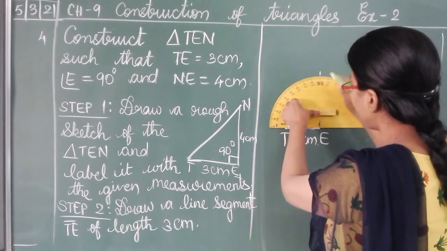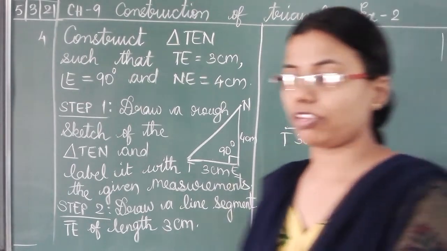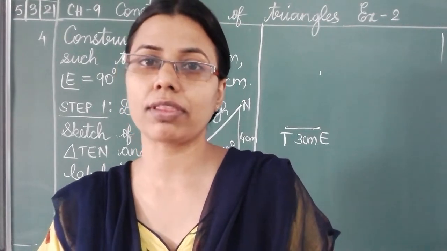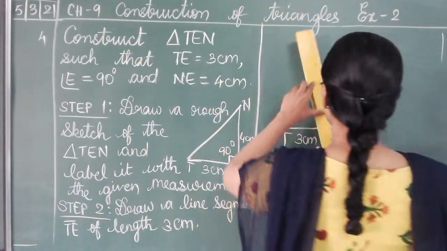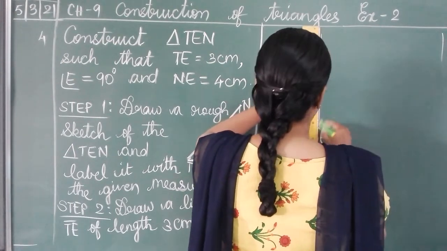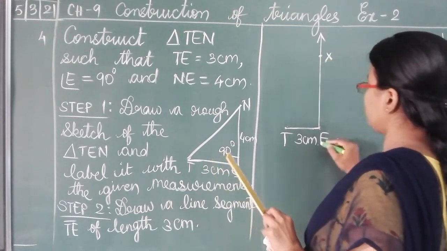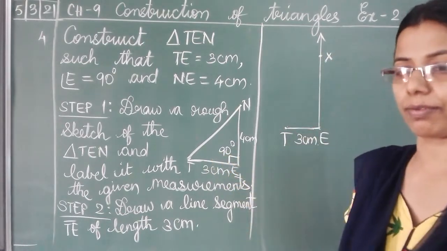The middle line should match with vertex E, and then we have marked, and now we are going to draw the ray. Use your scale for drawing this. This is the ray and this is EX that we have drawn.